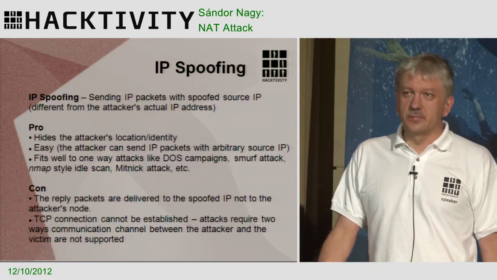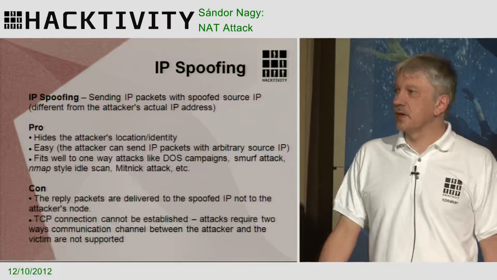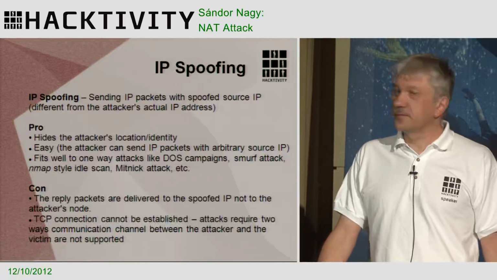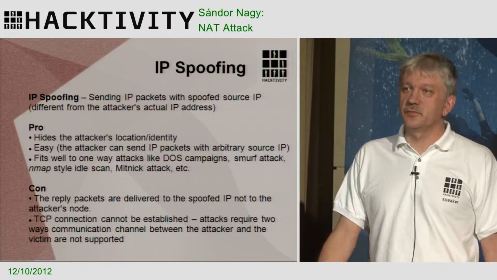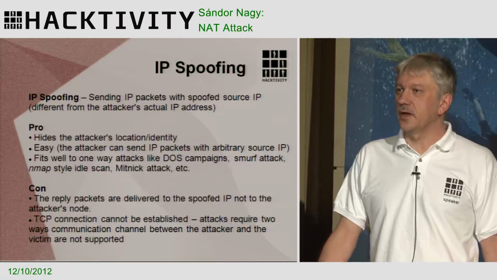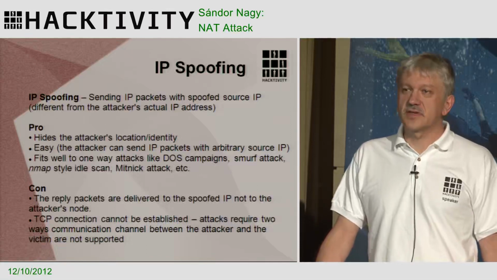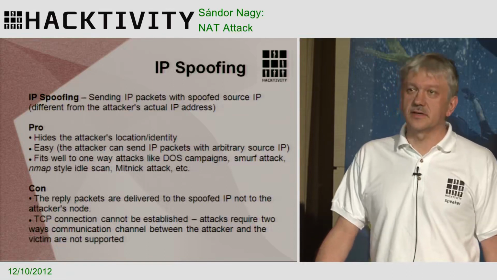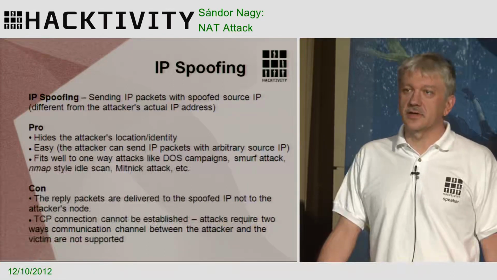IP spoofing is simple. If the attacker uses the IP spoofing technique, he just sends out IP packets with so-called spoofed IPs, I mean IP addresses that are different from his real IP address.